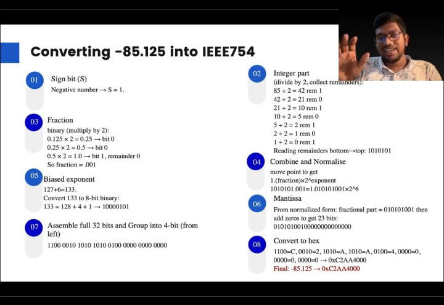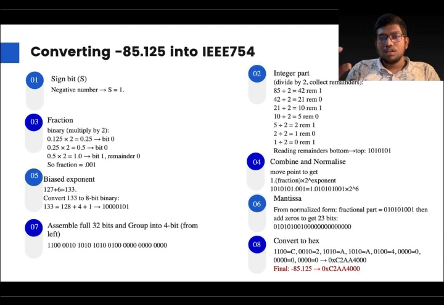So we need to convert 85 into the binary number. Binary number is found by dividing by 2 and then taking the remainders, and the remainders will give us the final binary representation of an integer number. So we do that. 85 divided by 2 gives us 42 and the remainder 1.